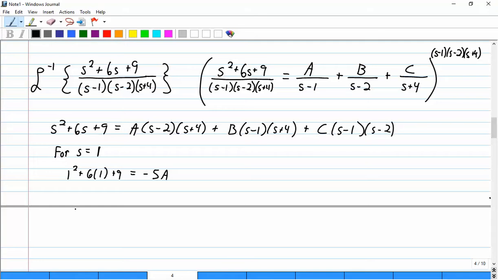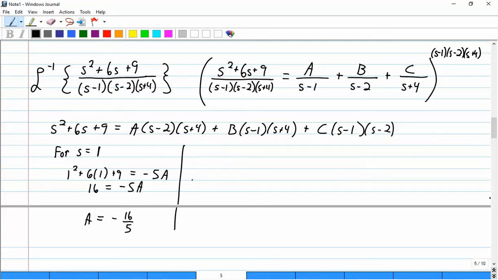So by choosing 1, which makes the B and C terms go to 0, I can now easily solve for A. So that's 1 plus 6 plus 9, so that's 16 equals negative 5A, or A equals negative 16 over 5.